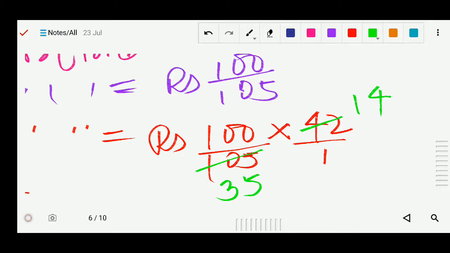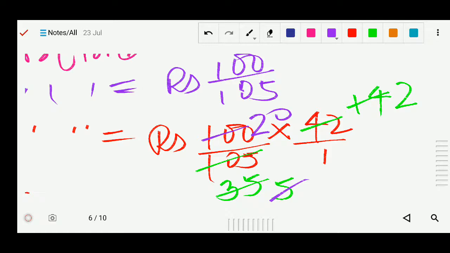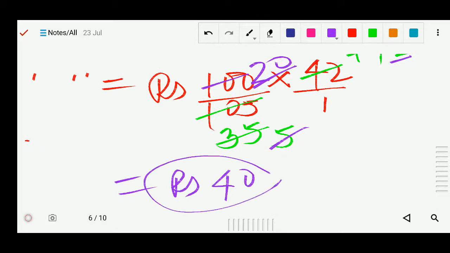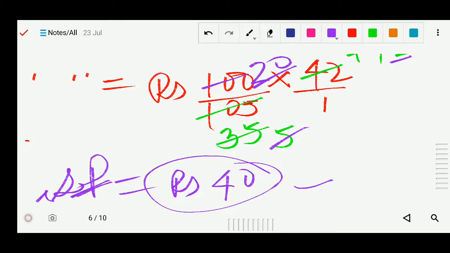Now again we can divide by 7: 7 twos are 14 and 7 fives are 35. Then 5 fours are 20. Now 20 into 2 is 40, so you will get the answer 40. This 40 is your cost price, so we got the answer rupees 40.